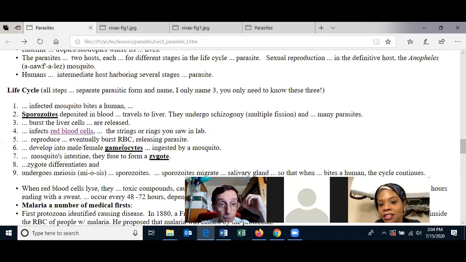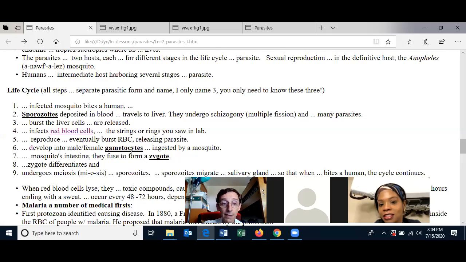Why I want you to know the gametocyte is that this is the stage of the parasite that is infective to a mosquito. The mosquito bites this human, who is infected with the malaria parasite. If the human has gametocytes in their blood, the gametocytes infect the mosquito, and then this mosquito has the malaria parasite.